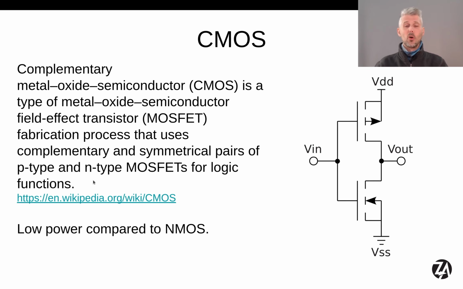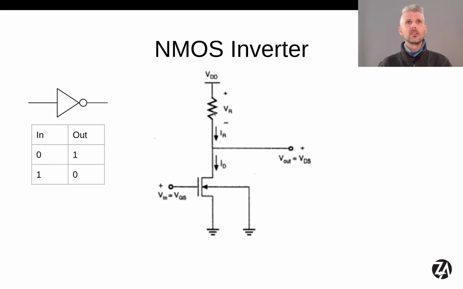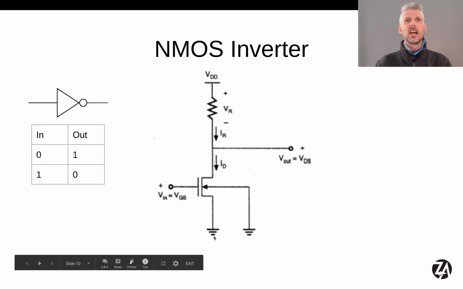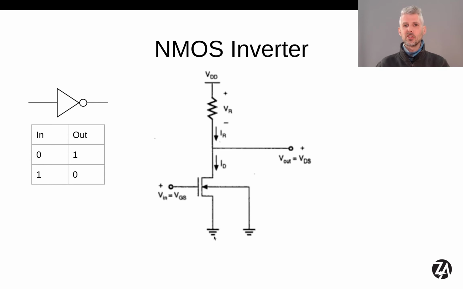One of the problems with NMOS is that when we turn this on, this pull-up resistor is always dissipating a tiny bit of heat by being connected directly to ground. And as we know from our computers and our phones, they get hot in use. Dealing with the heat and excess heat is one of the problems. And when we've got millions and billions of these transistors all packed together, even though the amount of energy dissipated for each one is small, it adds up.